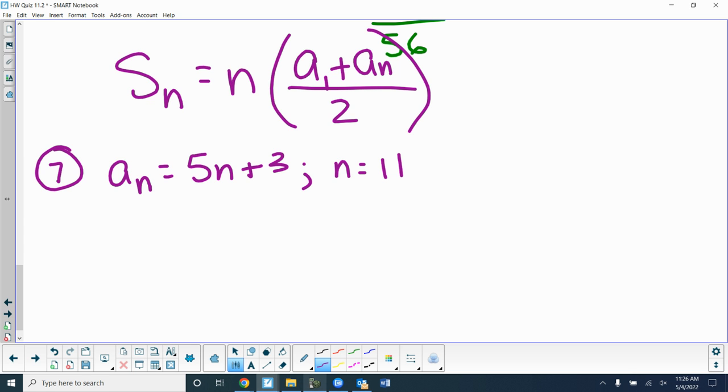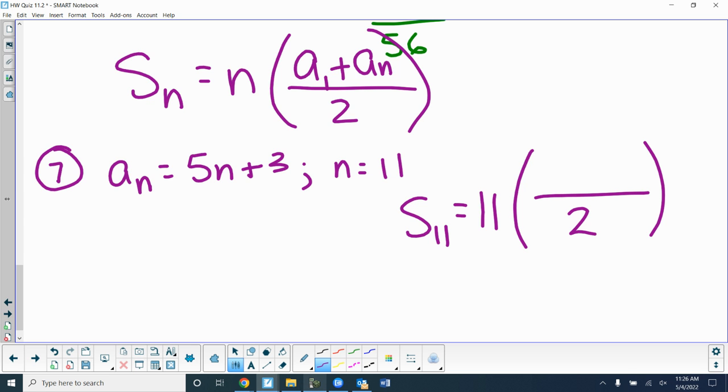So what I'm asking you is to find the sum of 11 terms. So n is 11. All right, I have to find the first term for that spot. So that means put a 1 in for n.